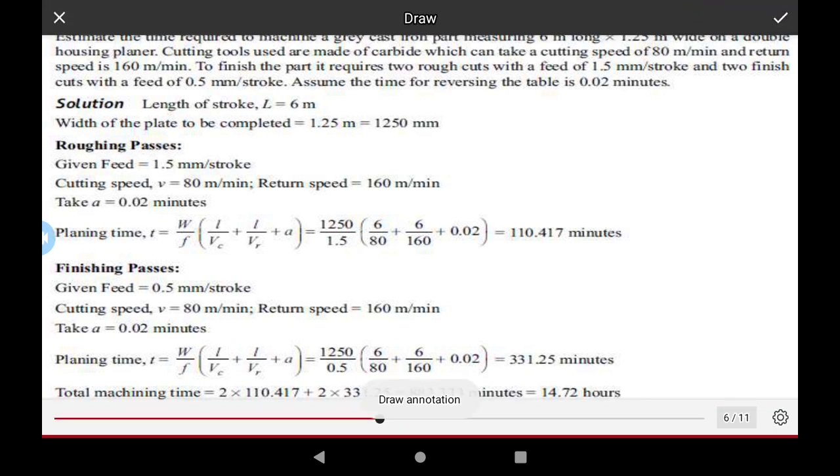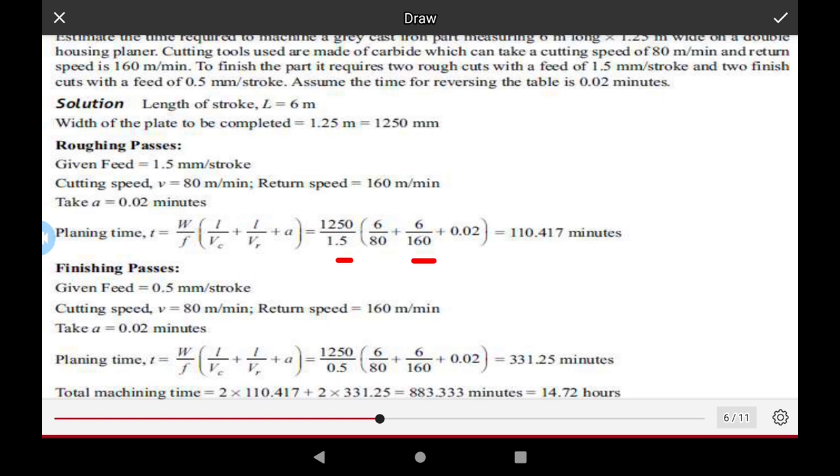Put all the values in the formula to find the planing time: t equals small w upon small f, times 1 upon vc plus l upon vr, plus a. That gives 1250 upon 1.5, times 6 upon 80 plus 6 upon 160, plus 0.02.